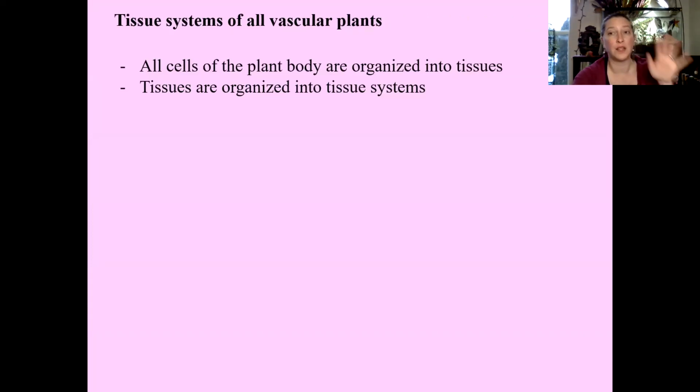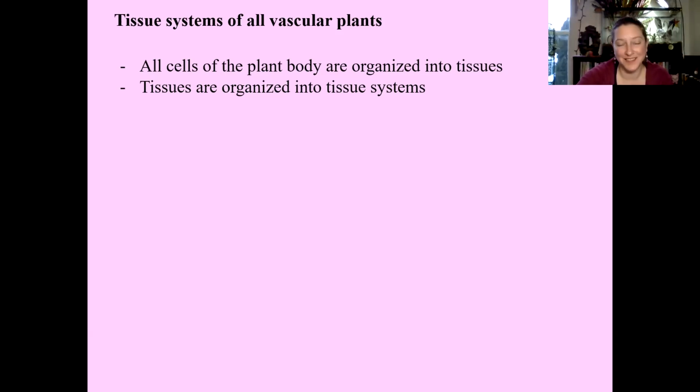All right, and this is kind of where we left off. So vascular plants have tissue systems, and those tissue systems are composed of cells.